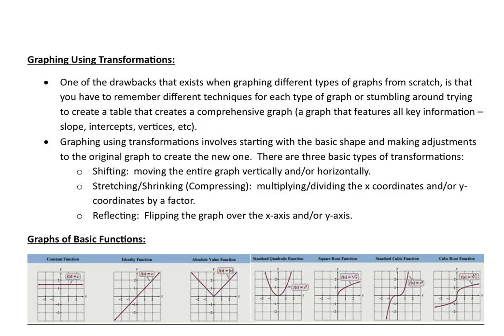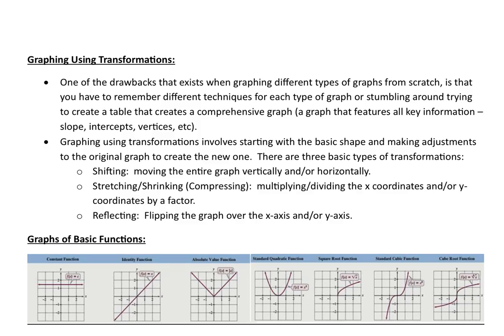When we create our tables, we do want to create a comprehensive graph, and that is a graph that includes all key information. This includes points like intercepts and vertices. For lines, it includes slope. For parabolas, it includes direction. And in all of these different types of graphs, we have to remember different techniques.